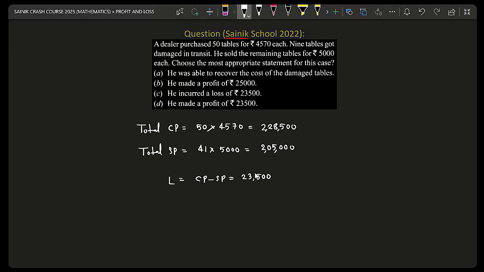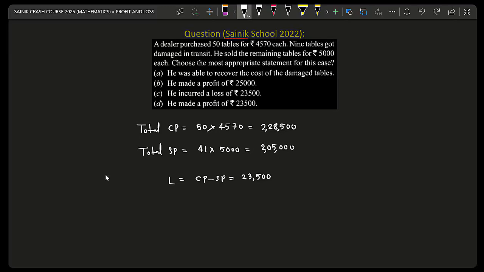It is loss, because we calculated loss only. So which option is correct? Read the options. Option A, he was able to recover the cost of the damaged tables. What is the correct option? Option C.